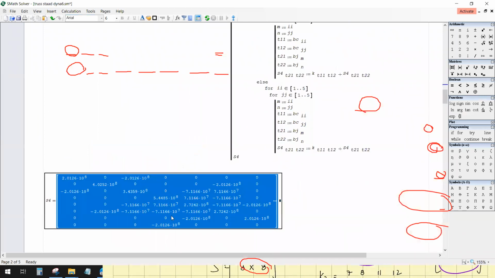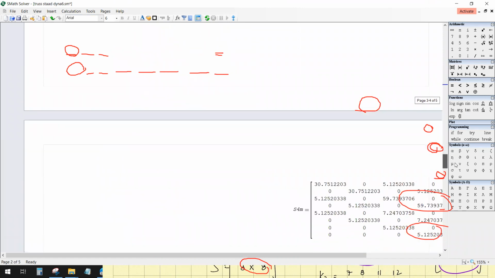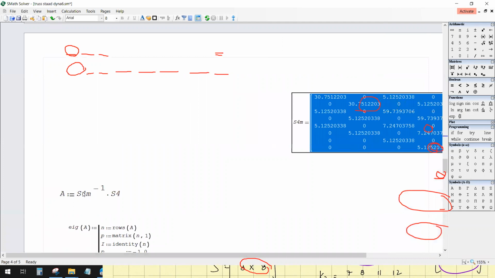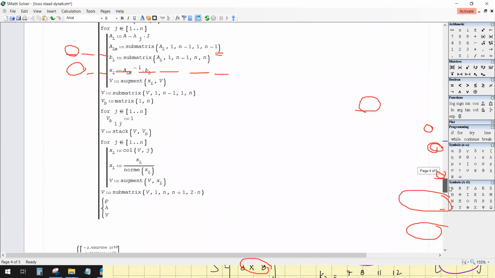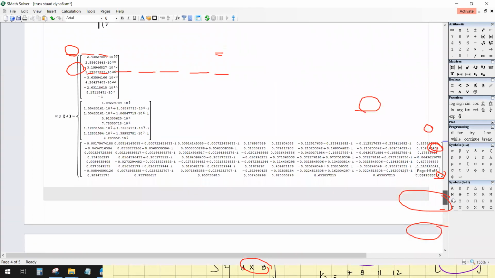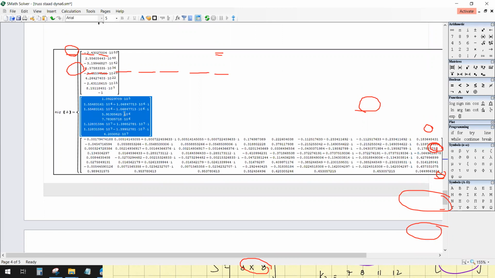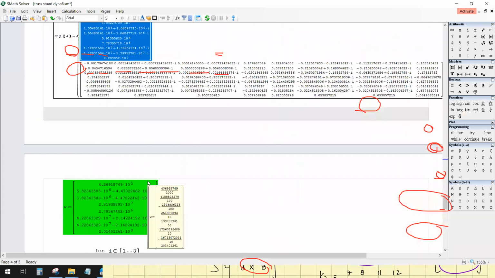Ayan, so this is the stiffness matrix. Mass matrix. Here. And yeah, so nag-update na si SMAT. We'll copy this and paste here.